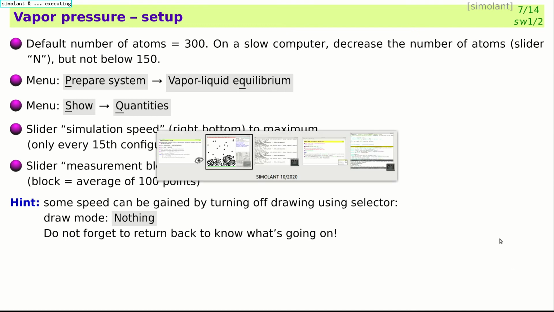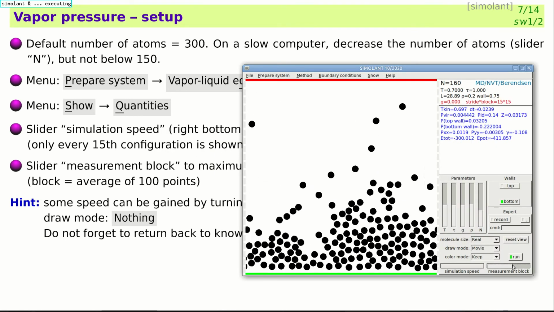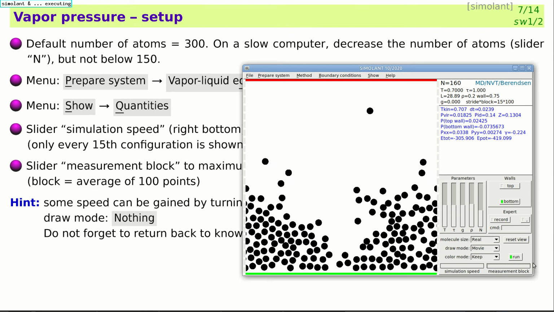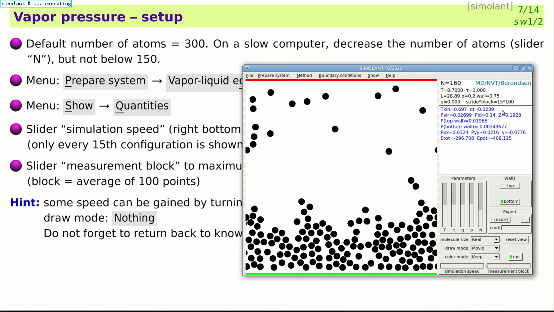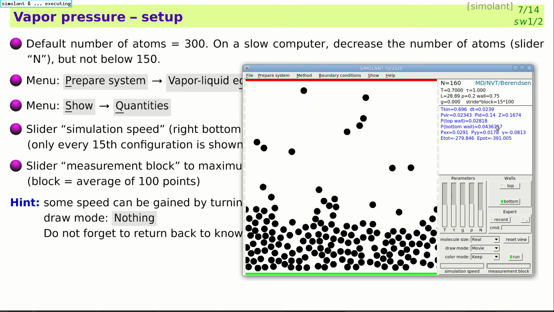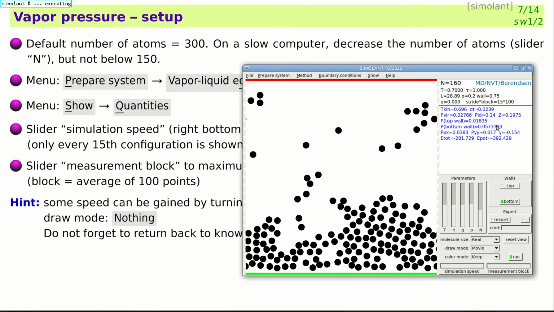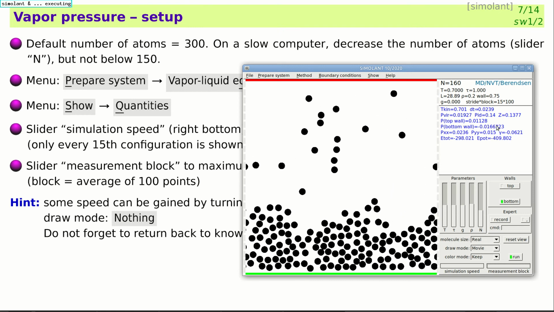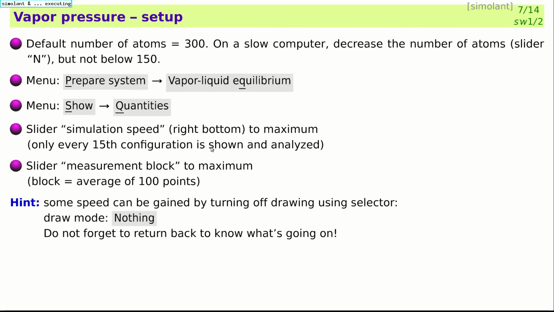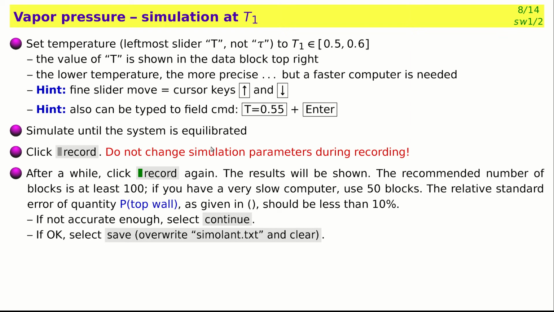And we can also change the measurement block up to 100. The individual points will appear a bit slower, but they will appear, I hope. So that's the first slide. In the second slide you will start with determining the first temperature.